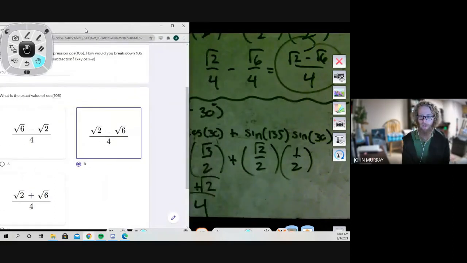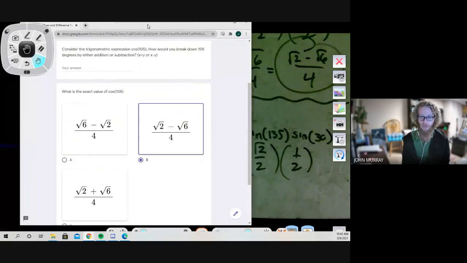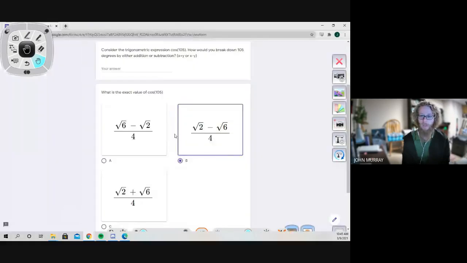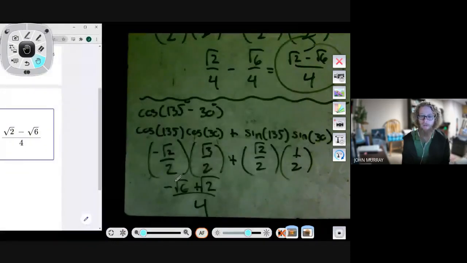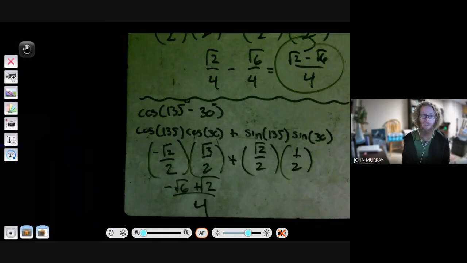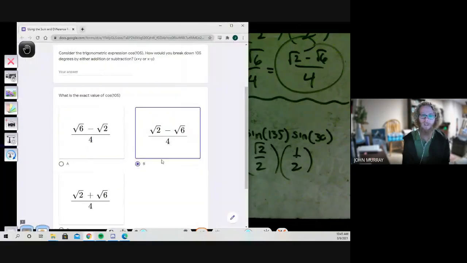Well, you can tell yourself, the root 2 is positive, so it's not going to be A, so it might be B or C, but I still have that negative in front of my root 6. So that tells you that your answer is B. And we can switch that numerator. So instead of having negative 6 plus 2, we have 2 minus 6.